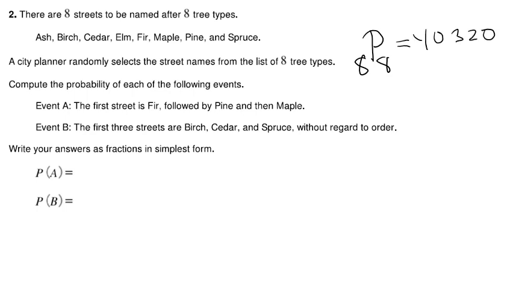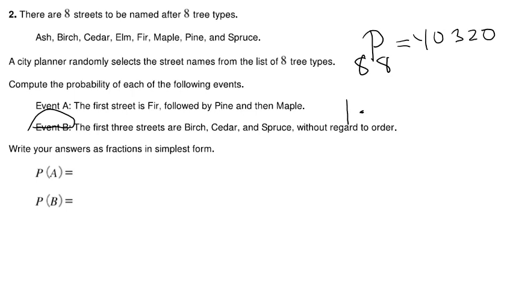One reason I'm being proactive here is because we're going to be talking probability, right? And the denominator is how many ways you can do anything. Well, let's look at event A right now. The event A is the first street is fir, second is pine, and third is maple. How many ways can we do this? Well, there's only one way we can name the first street fir, the second one pine, and the third one maple. There's only one way.